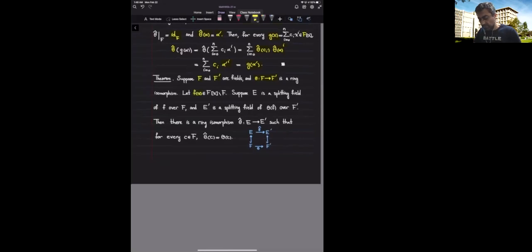So small f is a polynomial which is not constant with coefficients inside the field capital F. Now, suppose I give you a splitting field of this polynomial over F. So E is a splitting field of the polynomial f over the field capital F. Now, I give you a splitting field of the copy of this polynomial in F prime, which means I'm assuming that E prime, this time, is a splitting field of the polynomial theta of f over F prime.